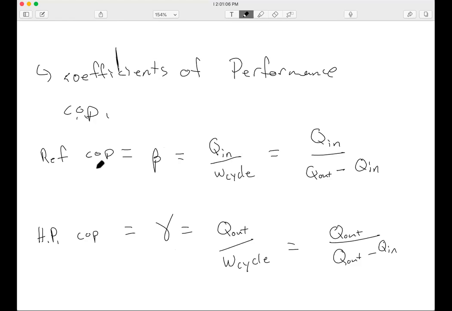So I always call them COPs. Anyway, for a refrigerator, you want to control Q in, but the electricity costs money. So you do Q in divided by the work of the cycle, and you can rewrite it like this. For the heat pump COP, you want to control the heat, the Q out, and again, the work costs money, and you can rewrite that in this form.